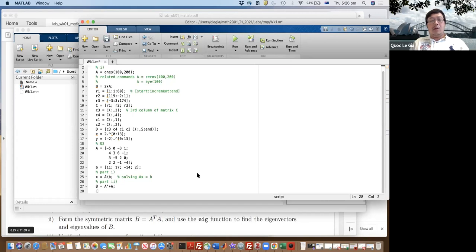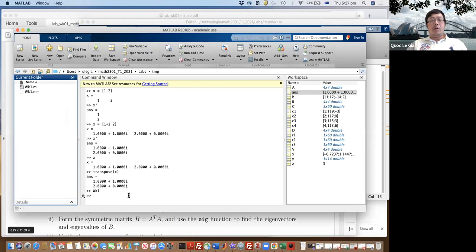You just put in V comma D equal eig of B. Then the matrix V will contain the eigenvectors, and the matrix D, a diagonal matrix, will contain the eigenvalues for you. So you run it, and you will see that in the command window.